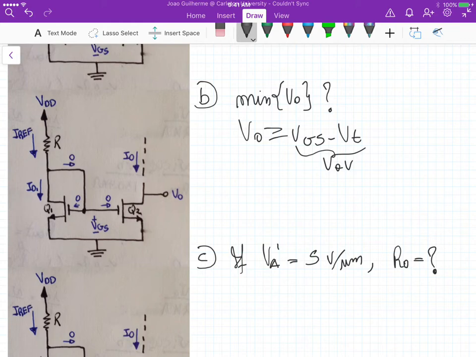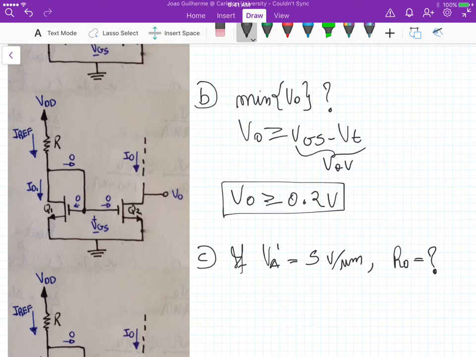So the minimum value that we have for V out is the overdrive voltage, which in our case is those 0.2 volts. Okay, so if V out goes below that 0.2 volts, then the NMOS stops working in the saturation region, and it no longer works as a current mirror.